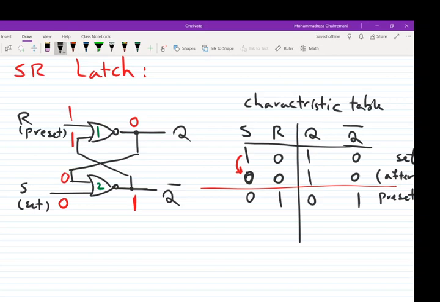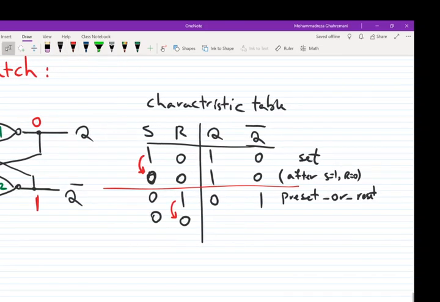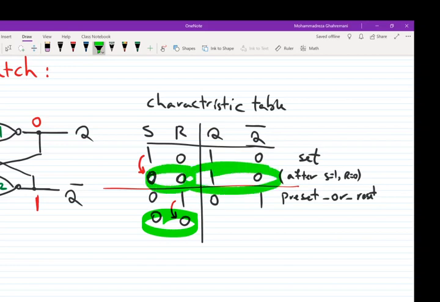So now what if we change it to 0, 0? So reset is changed to 0. Now one thing, if we consider this circuit as a sequential circuit with no memory, we would say, okay, the input is 0, 0. We already have input 0, 0, so the output should be 1, 0. But it's not the case, because this circuit is not a combinational circuit.